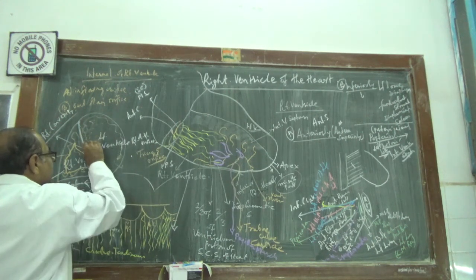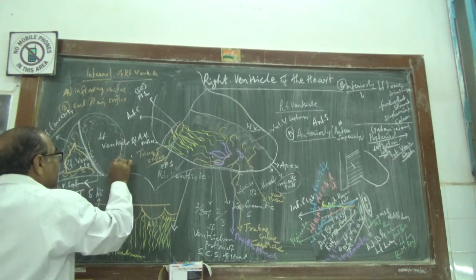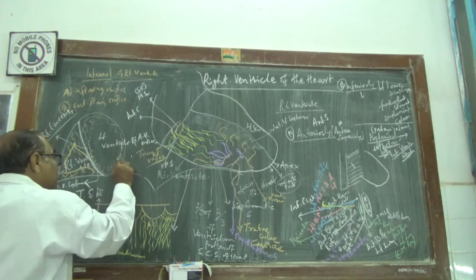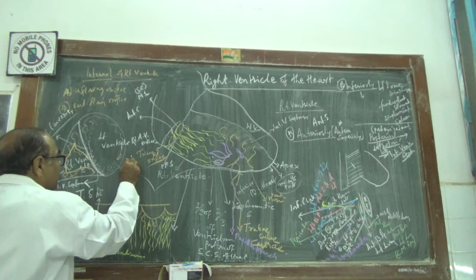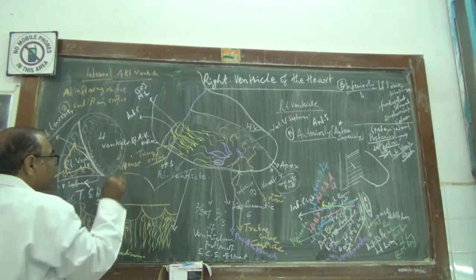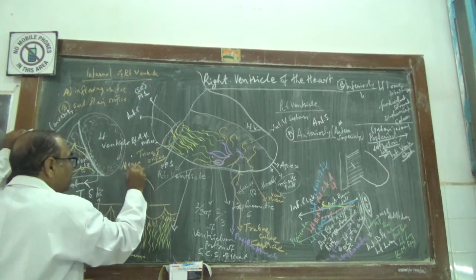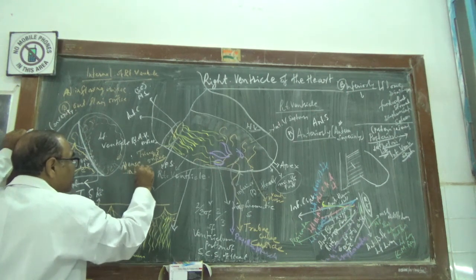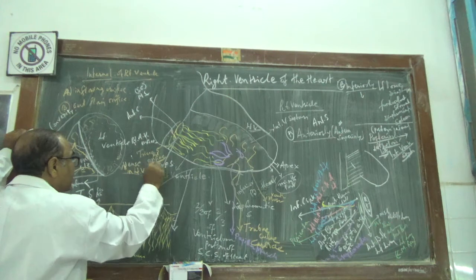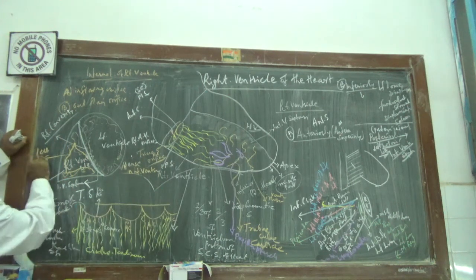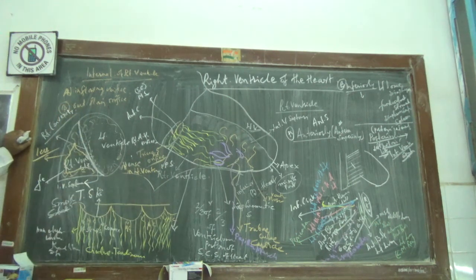Trabeculae carneae scattering is more dense in the left ventricle. So the trabeculae carneae in the right ventricle are of very much lesser density.